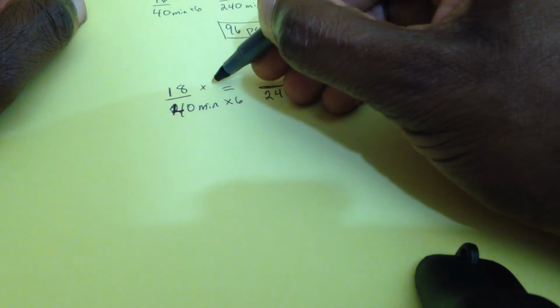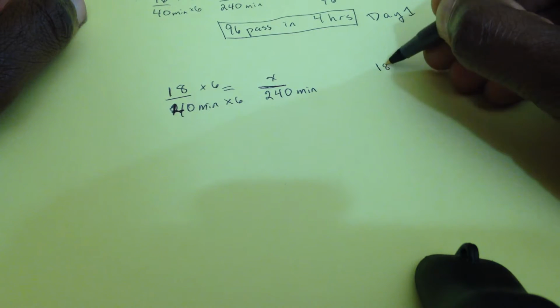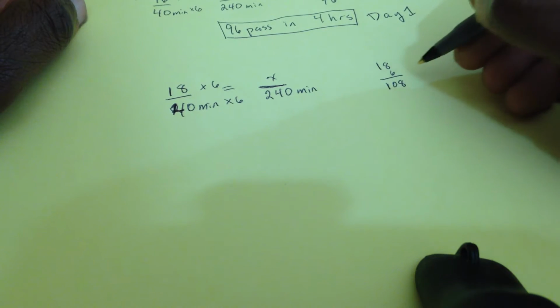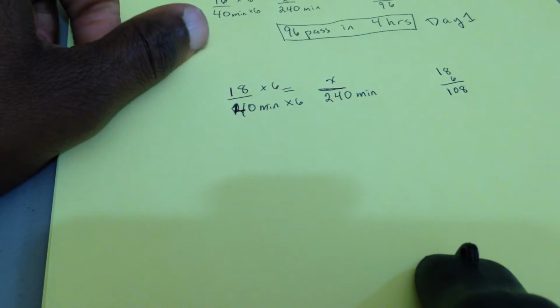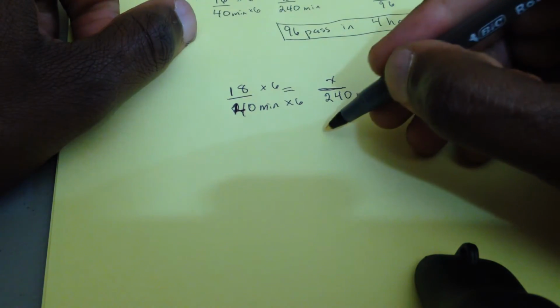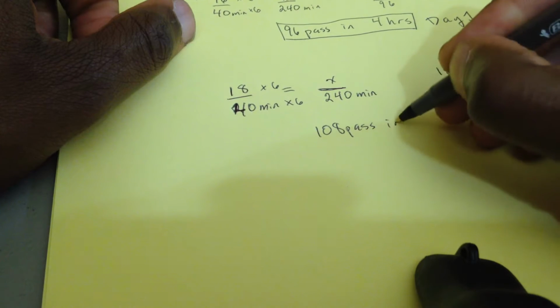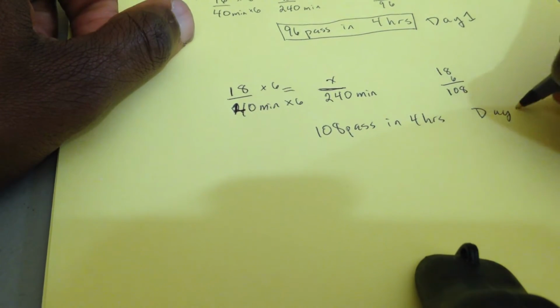That means 18 multiplied by 6, which comes out to 108 passengers. So she'll see 108 passengers on the second day. All right, 108 passengers in 4 hours, and that's day 2.